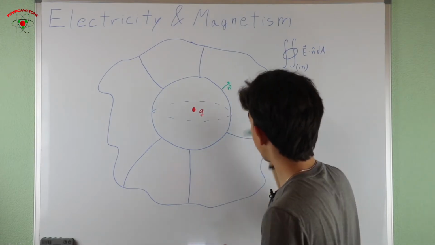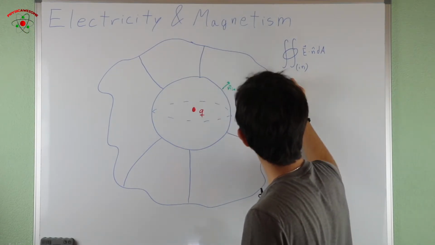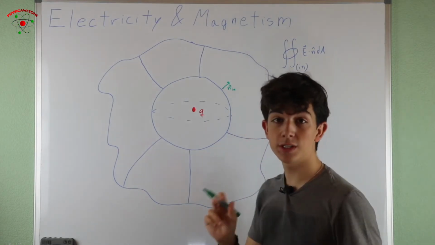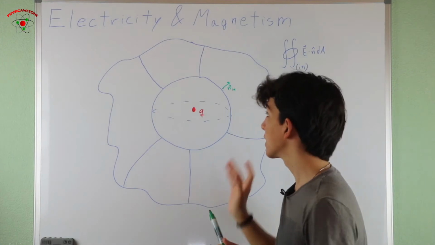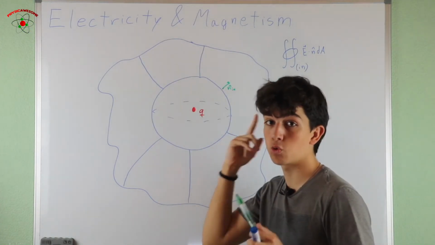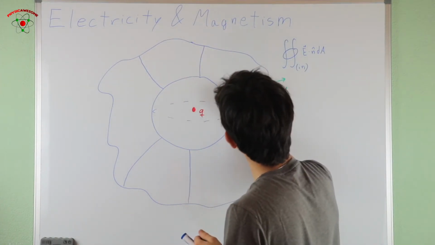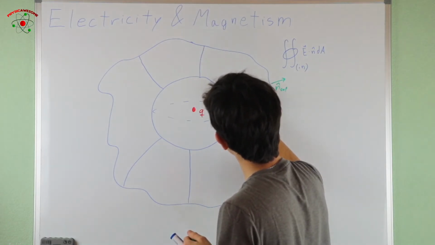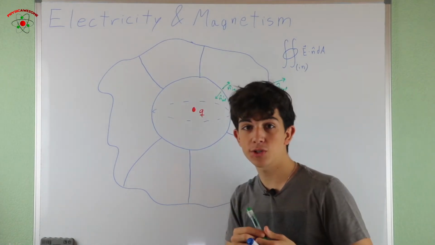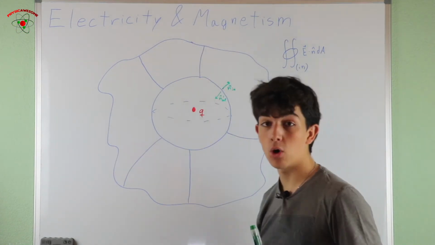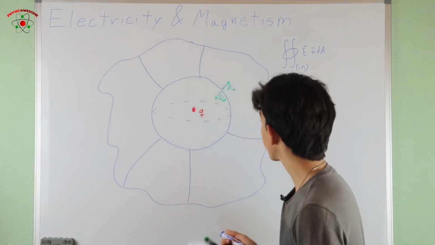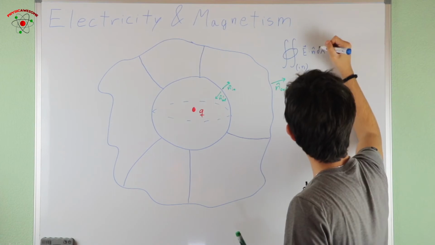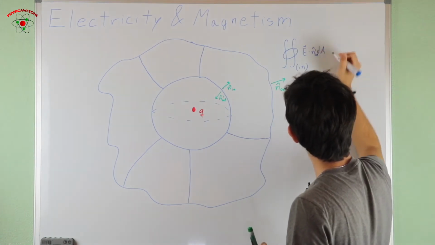This is going to be n hat in. This is going to be n hat out. And for this computation, when we're considering the whole surface as one, we need to define this n hat out prime, which is going to be the n hat of the whole surface. In that case, the one we are considering here is n hat out.